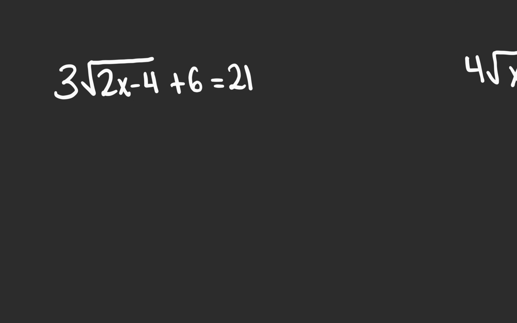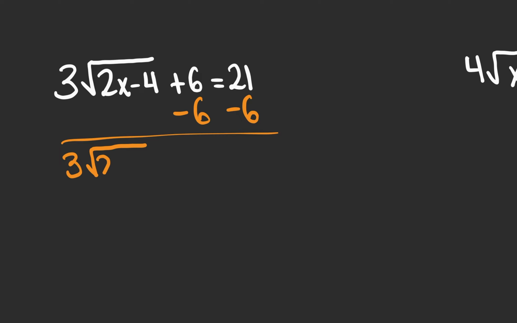For the next question, my first step is to subtract 6 on both sides. This will leave me with 3 times the square root of 2x minus 4 is equal to 15. I will then divide both sides by 3.